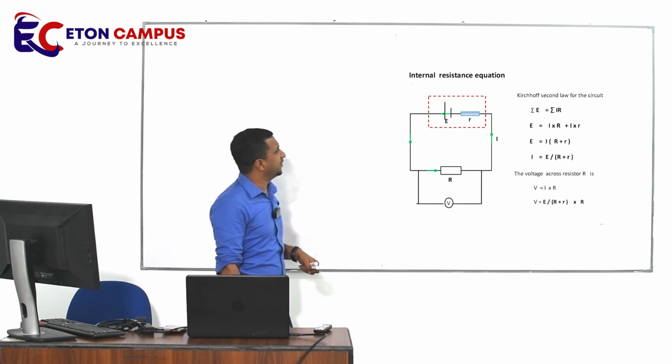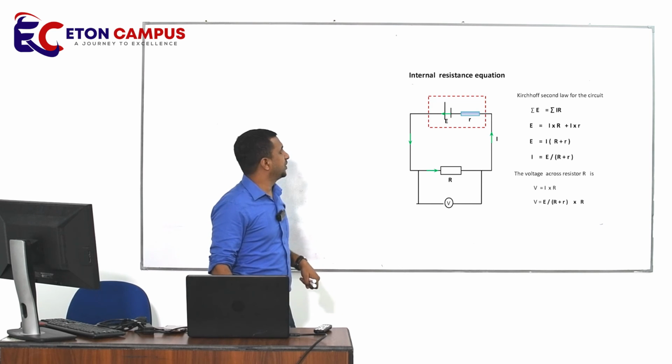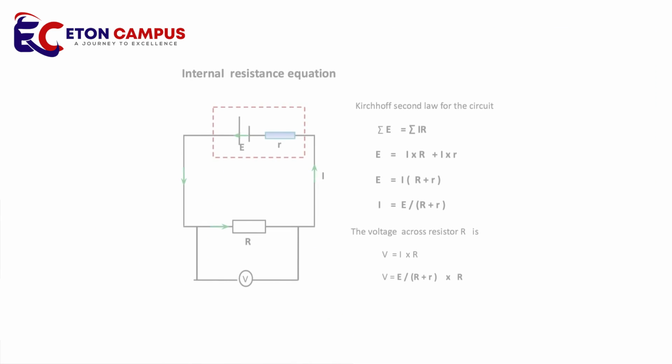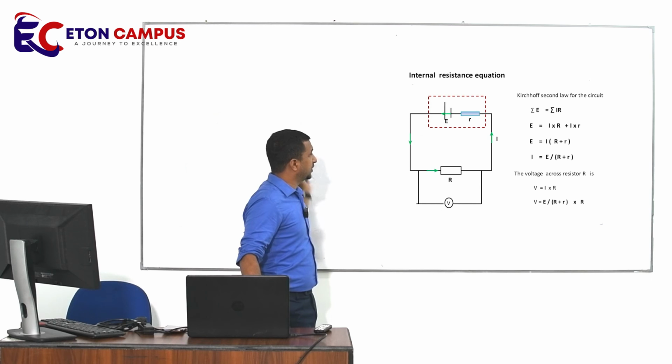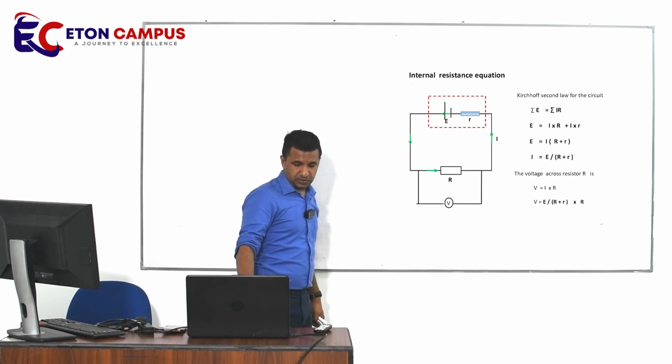So we can find the current from that: just divide, I equals E over (R plus r). When you have a battery with an internal resistance and you connect it to an external circuit, this is the equation for the current.